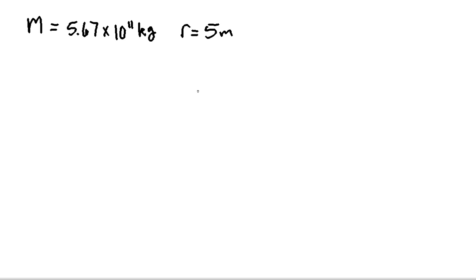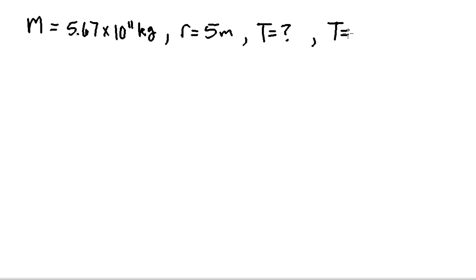So what we want to know is this right here. All right, so I hate to just throw formulas at you. I'd rather show you how they're derived, but this one is pretty rough, so I'm just going to have to give it to you.